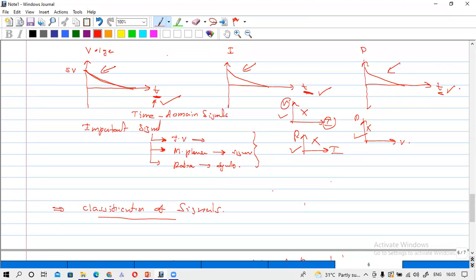That means all the parameters are changing according to the time. In other words, time is the independent variable. Time domain signal means time is the independent variable.